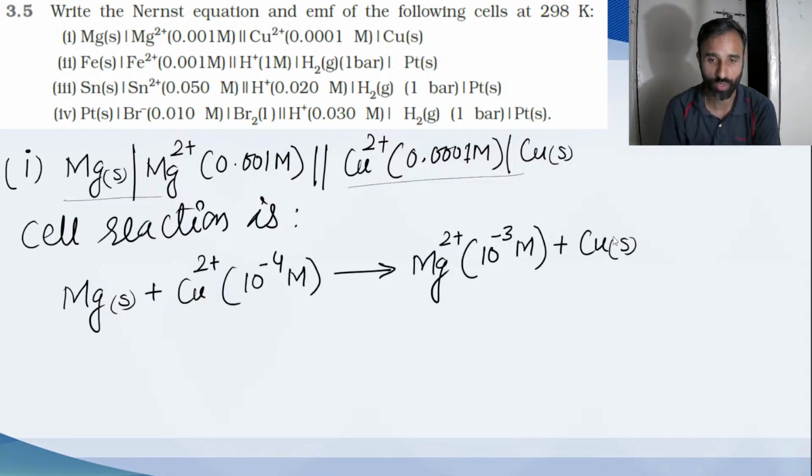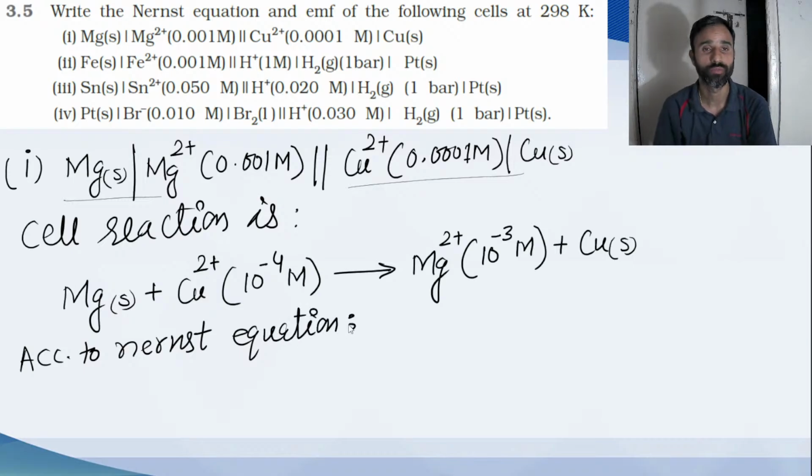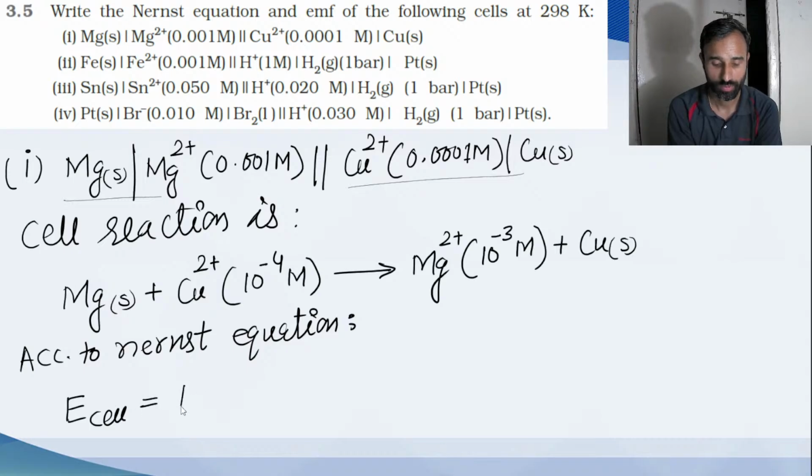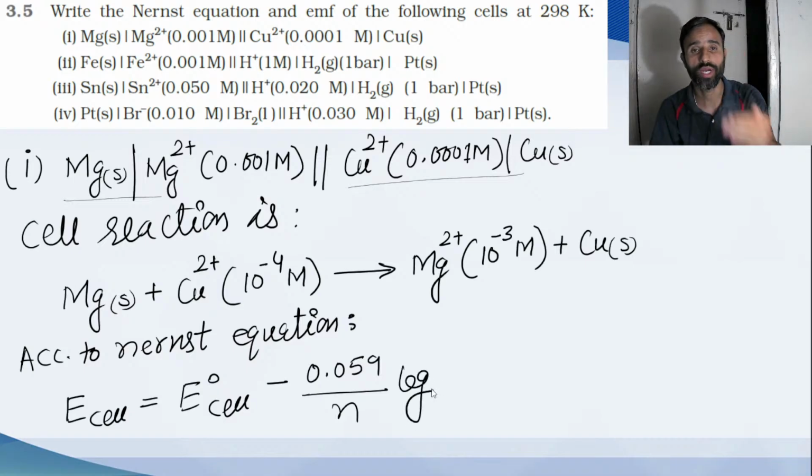So now come to the next part. According to the Nernst equation, E cell is equal to E naught cell minus 0.059 divided by N log of product over reactant.